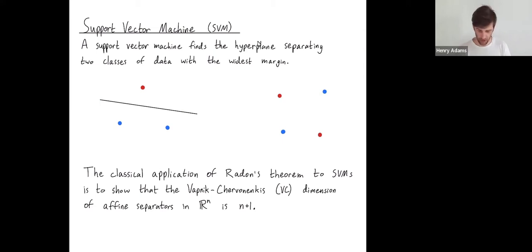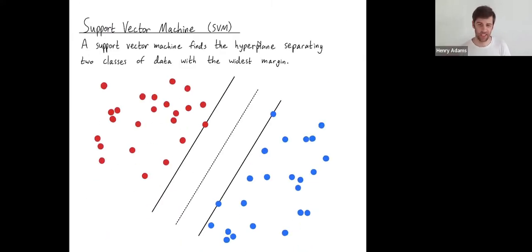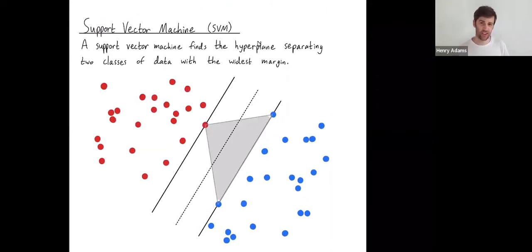But we're going to look at a different connection between Radon's theorem and support vector machines. When you see pictures of the support vectors, I want you to start thinking of Radon's theorem. So here I have 3 support vectors. Think of this as Radon's theorem where I have 3 points in a line, where I'm mapping a triangle to the line.